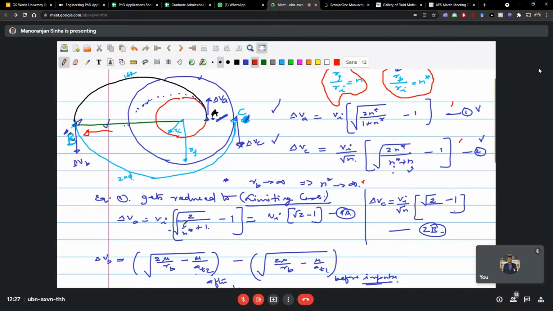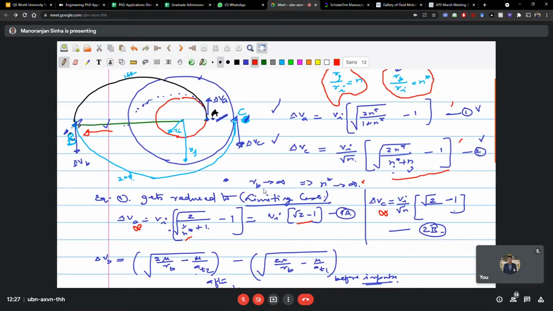Okay, N star tends to infinity, this term becomes 0 and we are left with only under root 2. So this is root 2 minus 1. Similarly, using this one, we can get delta Vc. So this is limiting: delta Vi infinity and delta Vc also infinity, corresponding to the limiting value, limiting B.